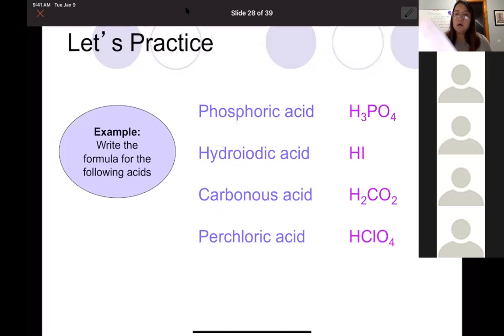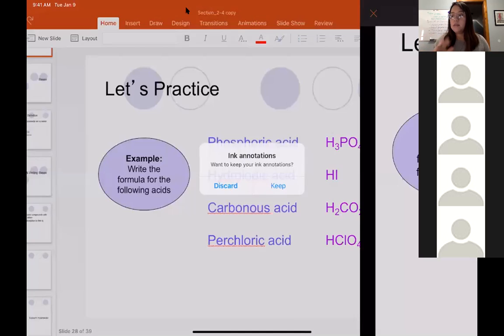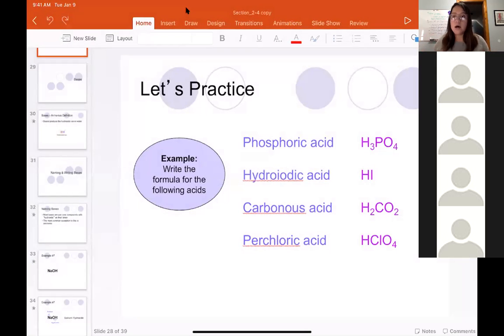All right. So guys, that's it right now. We covered the beginning of acids, and we also covered the writing of the names and then the writing of the formulas. From that, we got pretty far.